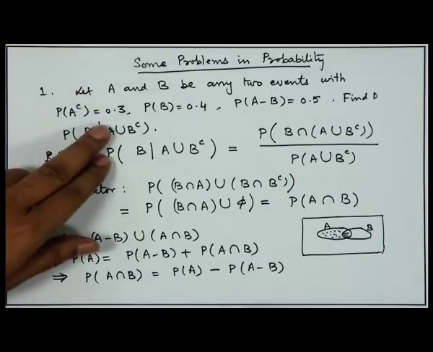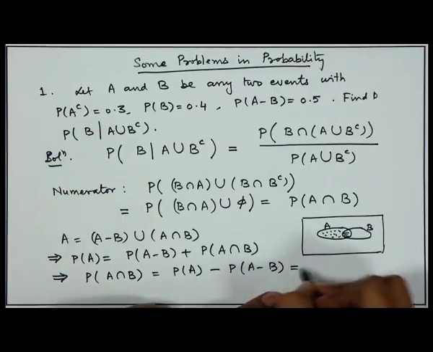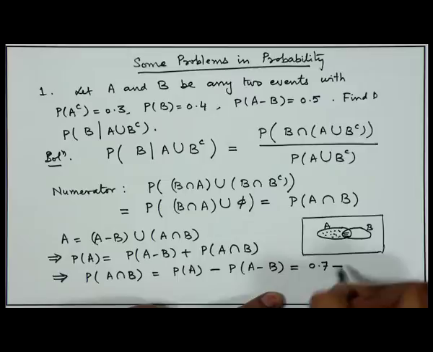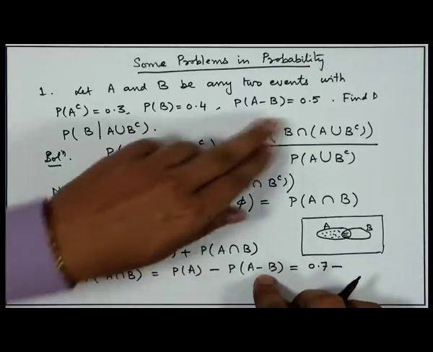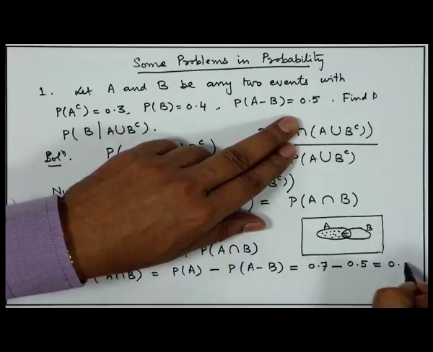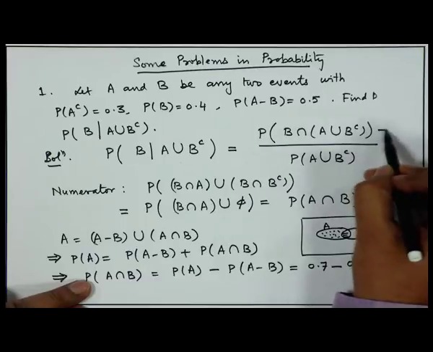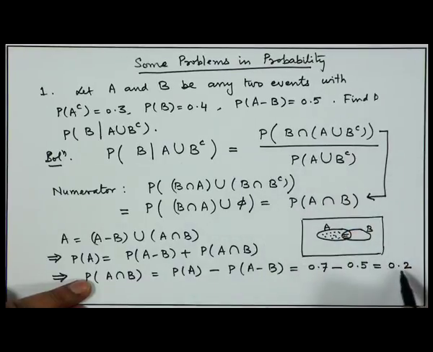So, probability of A will become 1 minus 0.3, that is 0.7. So, this is equal to 0.7 minus probability of A minus B, which is 0.5. So, this value turns out to be 0.2. That means, probability of A intersection B, that is this numerator quantity, is 0.2.